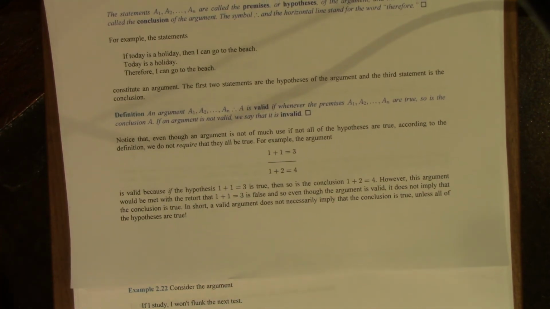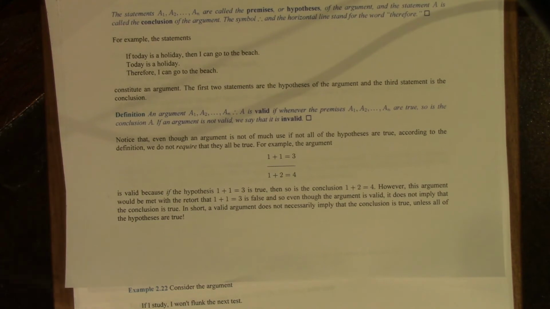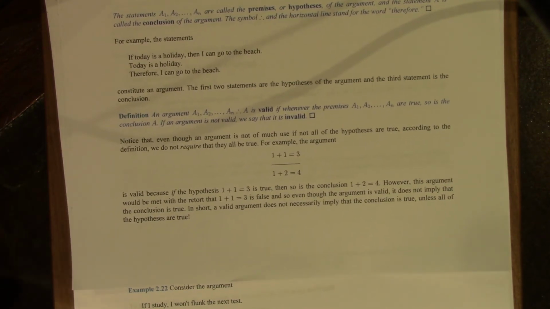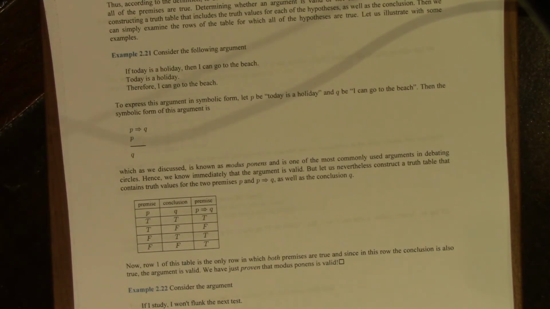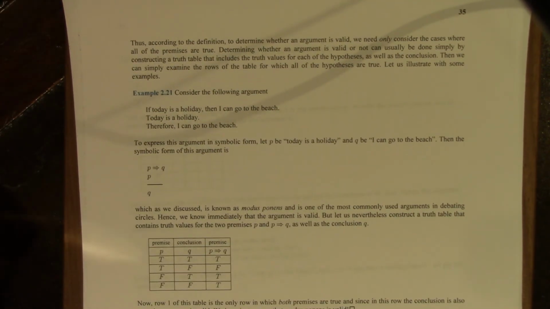Yeah, for all we know, there's another planet where 1 plus 1 is equal to 3. And so on that planet, this would not only be a valid argument, but would lead to a valid conclusion. So, according to the definition, to determine whether an argument is valid, we need only consider the cases where all of the premises are true.